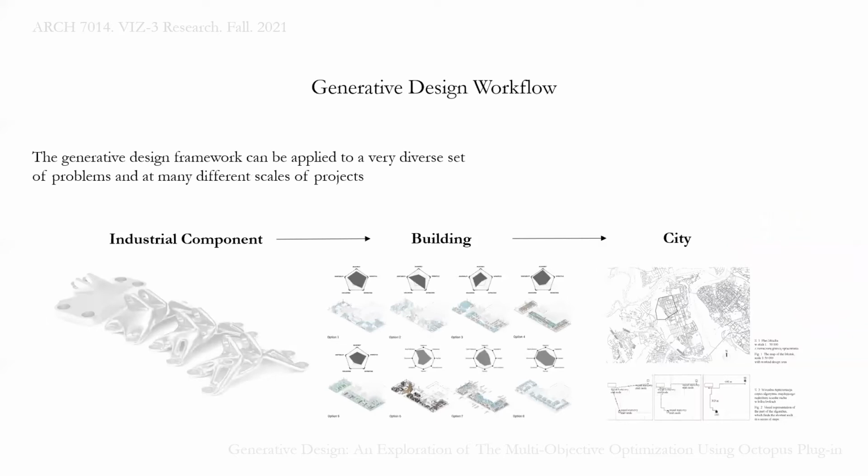The generative design framework can be applied to a very diverse set of problems and at many different scales of projects, starting from really small industrial elements, to an architectural building, a full-scale building, all the way to an urban design of a city. So generative design can really work with all kinds of different scales.